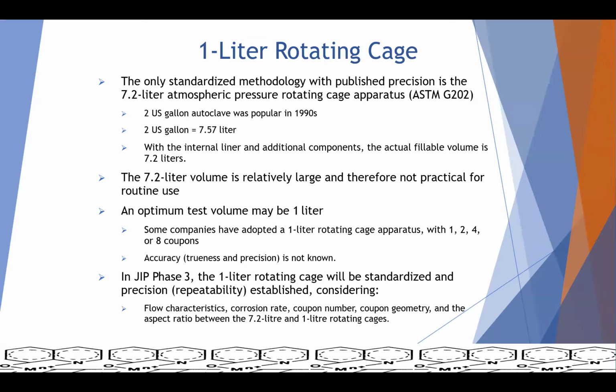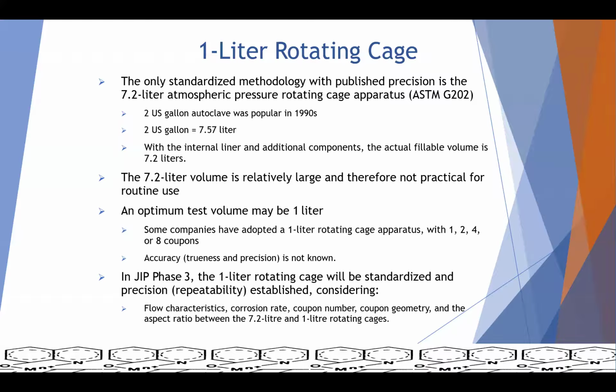And normally, when you do autoclave tests, you have a liner so that the autoclave is protected both from contamination as well as from corrosion, even though the autoclave may be made of corrosion-resistant alloys. Commonly, labs use internal liners or some additional components. When we place this liner and additional components, the fillable volume became only 7.2 liters.